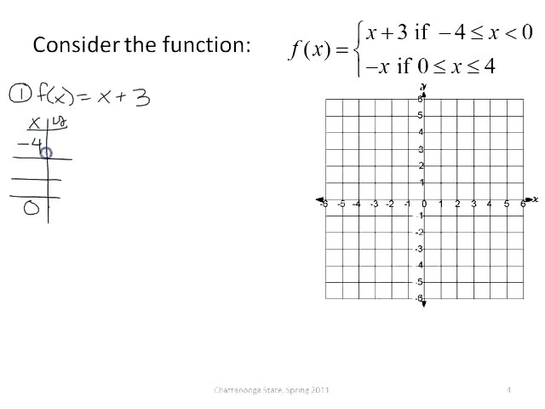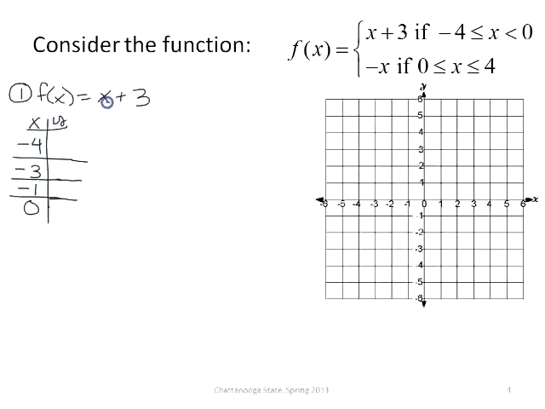Now, I know that this is going to be a straight line. Two points is really all I have to graph this line. I could get a few more points if I want to. But two of the points you must use are the end values of your domain. So I have to use the -4 and I have to use the 0.